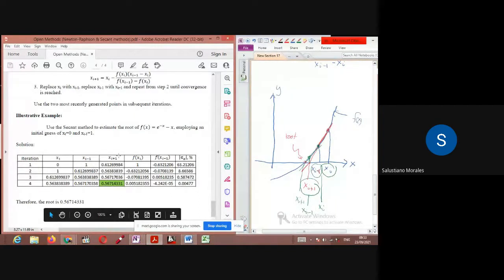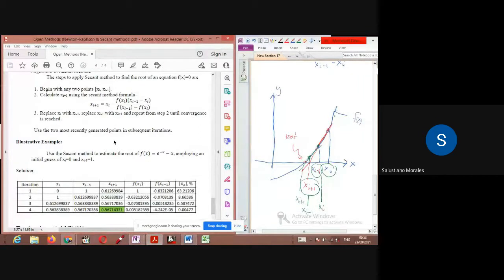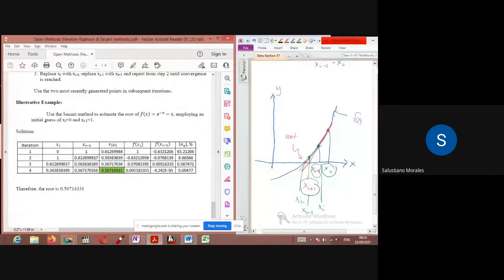Okay, so now kitain tayo. The step to be done here is the same in the Newton-Raphson. The only difference is we have two initial guesses. Okay, so in the computation of EA, the present value natin should be xi plus 1 and the previous value should be xi minus 1.